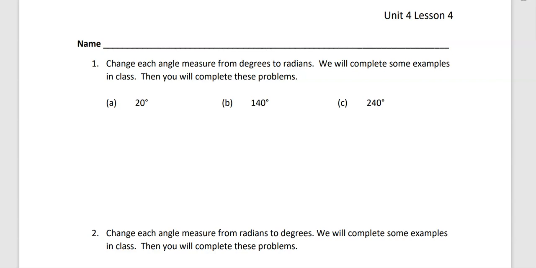All right, so we are changing this into radians. They all start off the same way: angle over 360 times 2 pi.